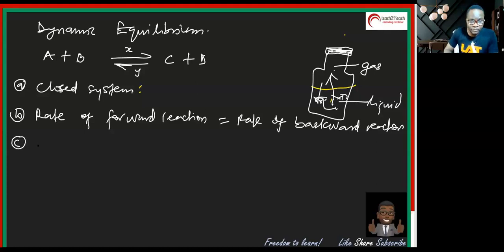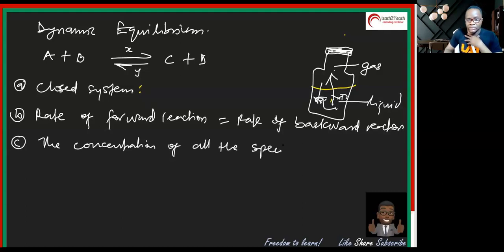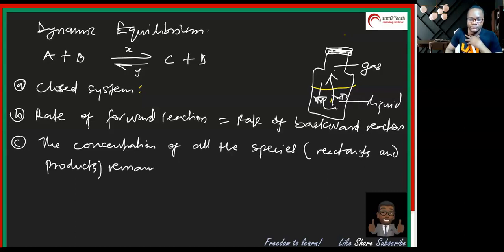Then the third thing: when a dynamic equilibrium is set up, the concentration of all the species, by species we mean the reactants and products, remains constant.